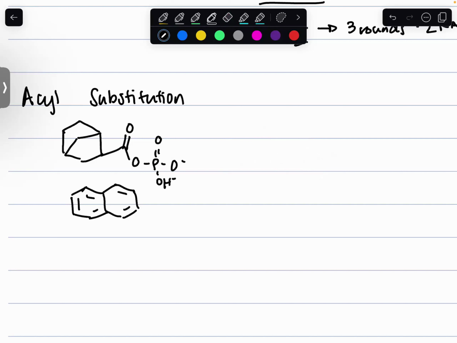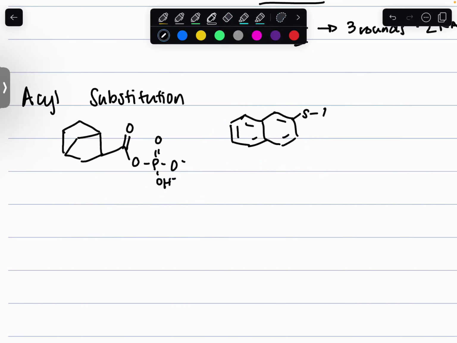So what is the key change that I made here in drawing on my phosphate group? I had to put a linker in. What linker did I add? Double bonded oxygen. We need this double bonded oxygen because that's the carbonyl where our reaction is going to occur. We gotta have one of them bad boys to do acyl substitution.